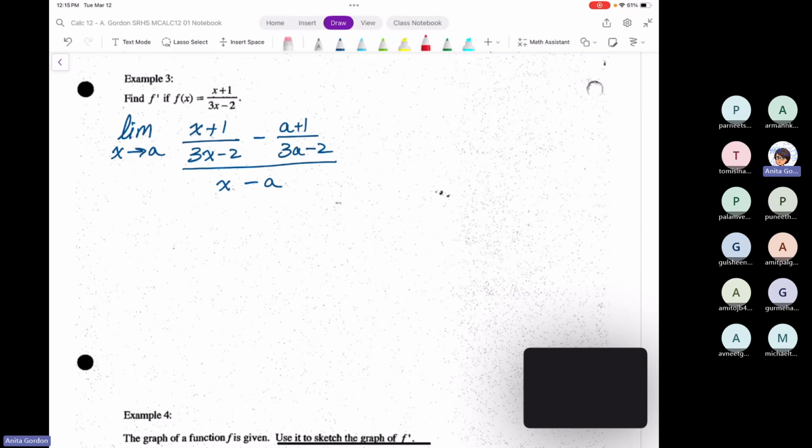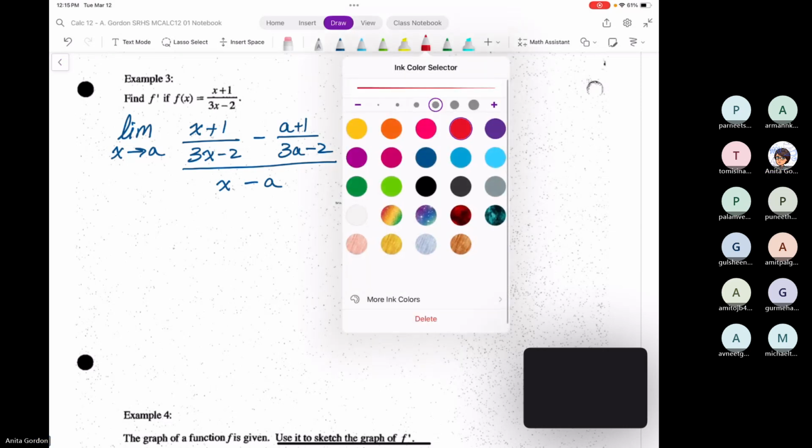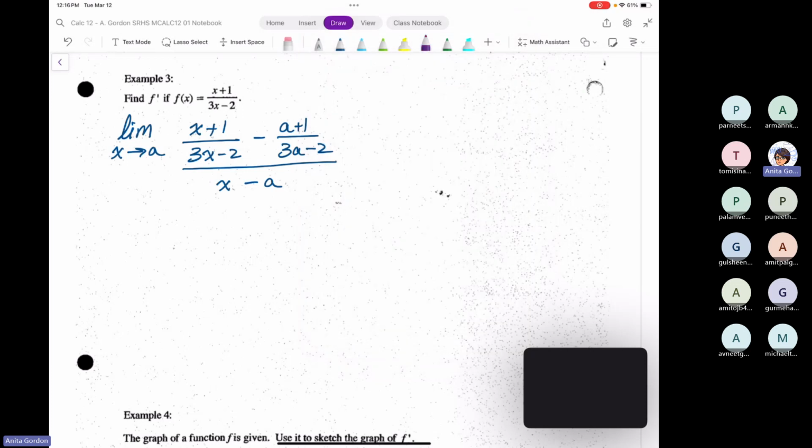I'm going to try this one. I haven't done this one in a while, so you choose your own adventure here too. Ooh, let's do the purple one. I like that. 3x minus 2, 3a minus 2.